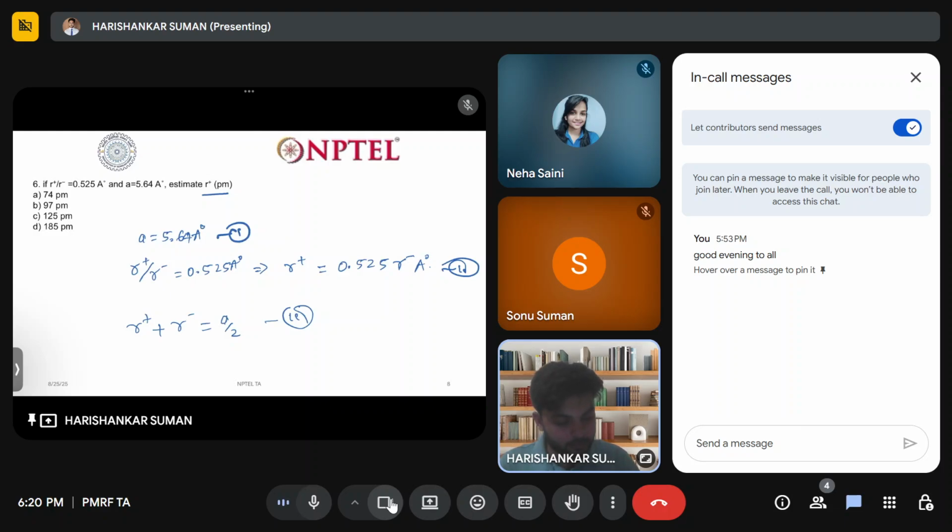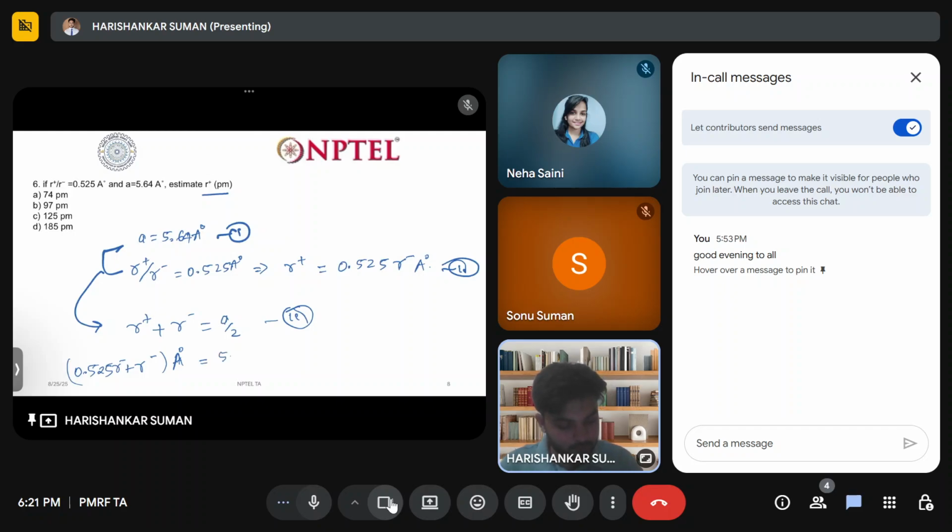So use first and second within this equation.